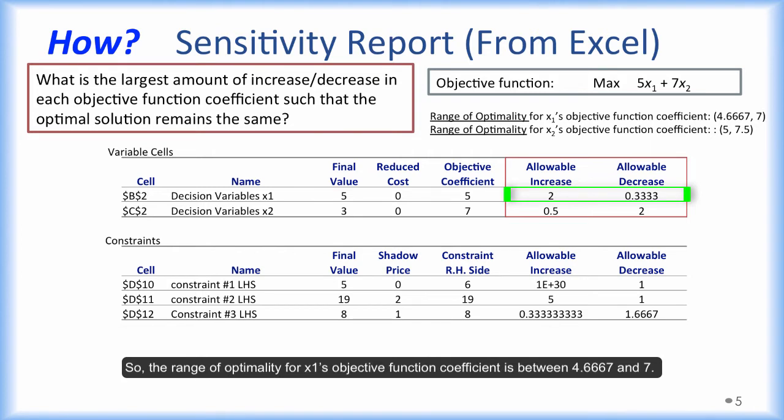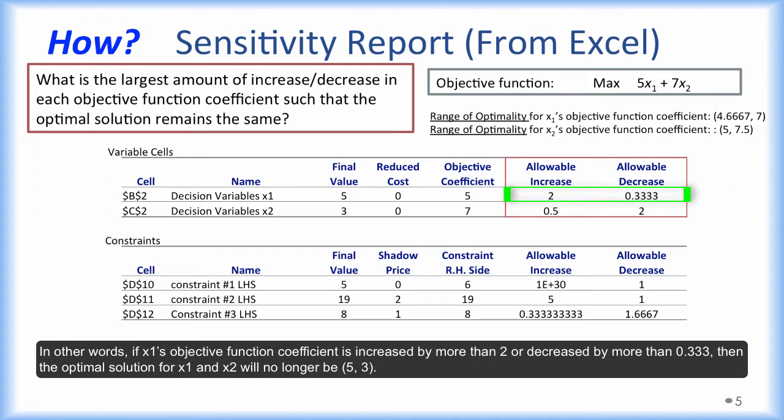So, the range of optimality for x1's objective function coefficient is between 4.6667 and 7. In other words, if x1's objective function coefficient is increased by more than 2 or decreased by more than 0.3333, then the optimal solution for x1 and x2 will no longer be (5, 3).